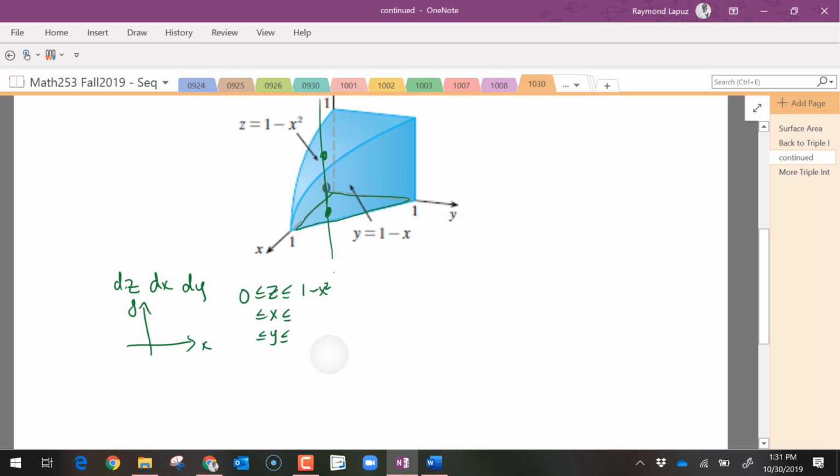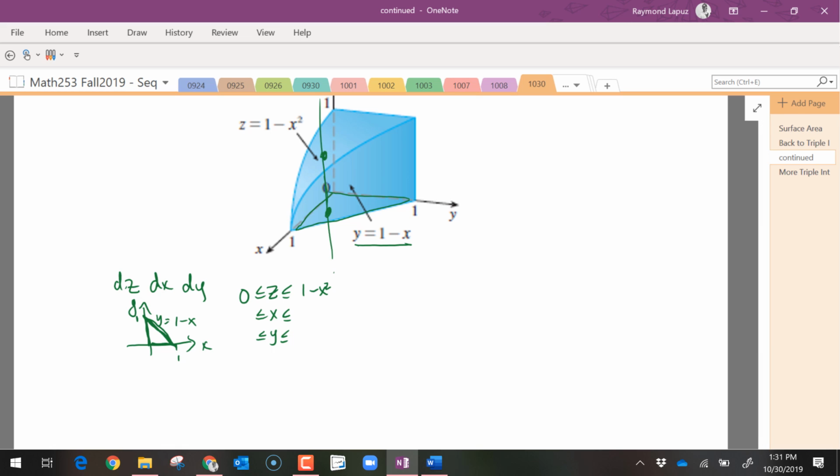So let's try to redraw that triangle here. So that's a triangle, y is equal to negative x plus 1. Oh, it's the same thing as this. It's a plane. Or x is equal to 1 minus y.